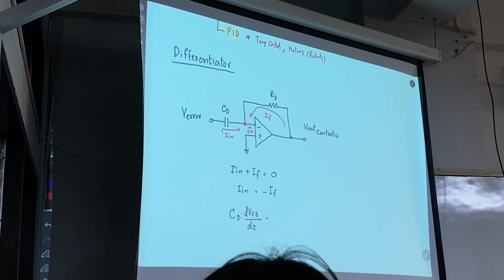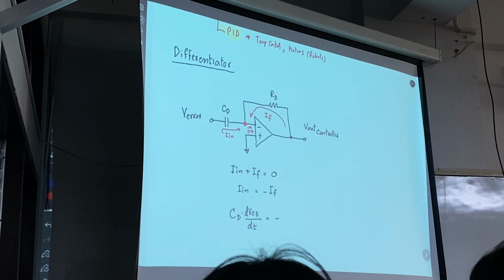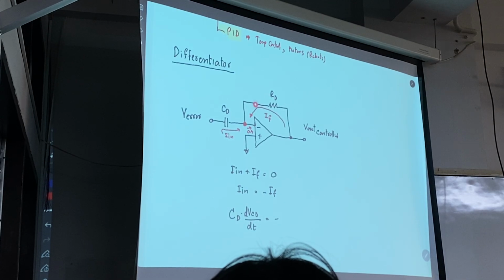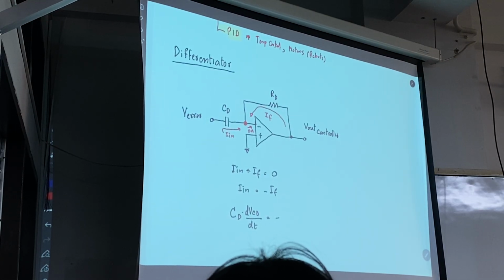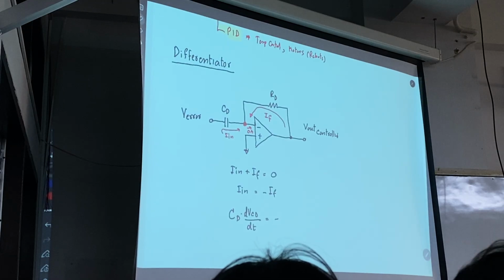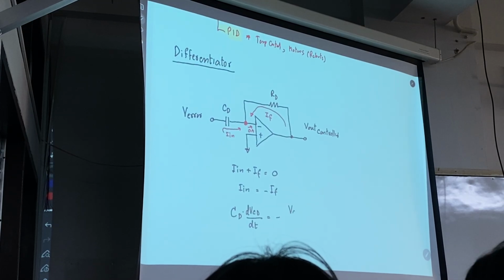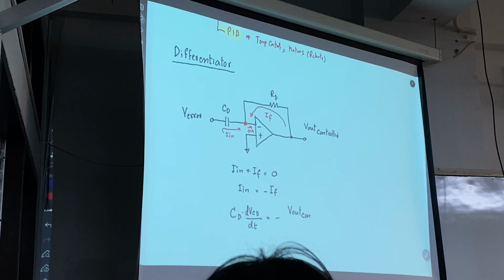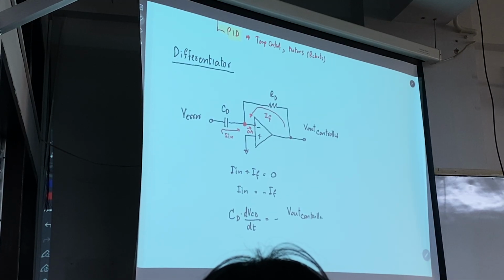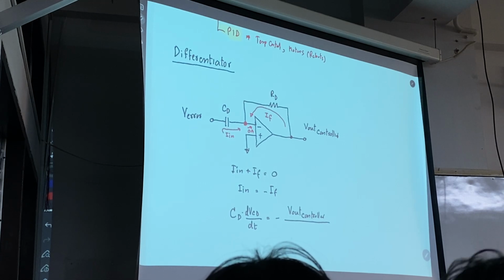So the same equation as last time. And the output is the voltage across RD. The voltage across RD is Vout minus 0 here. Then I will write Vout is V across RD over RD.